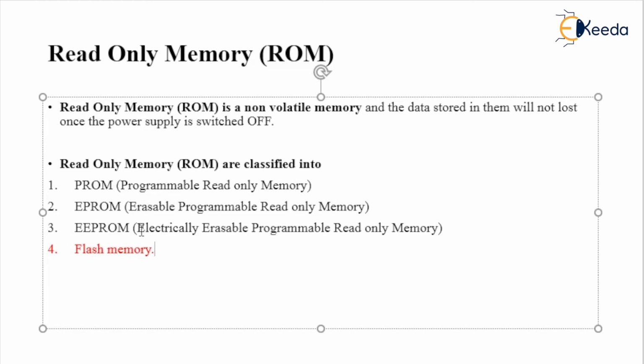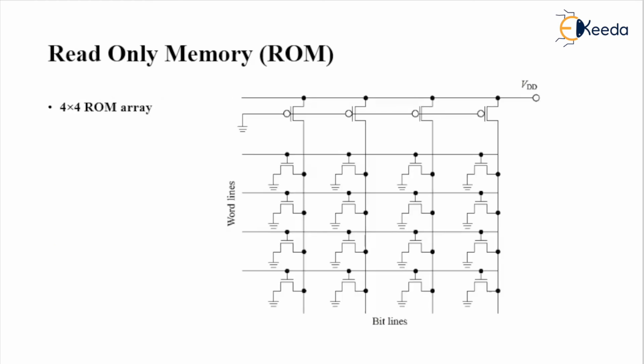Okay, next, the ROM architecture. For simple understanding, I have taken a 4 cross 4 ROM array. For easy understanding, I considered a 4 cross 4 ROM array; we can use 16 by 16 or 8 by 8 or anything else.